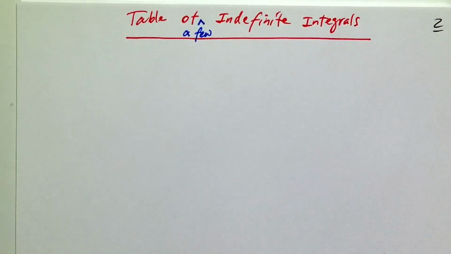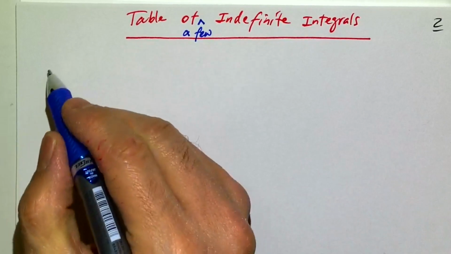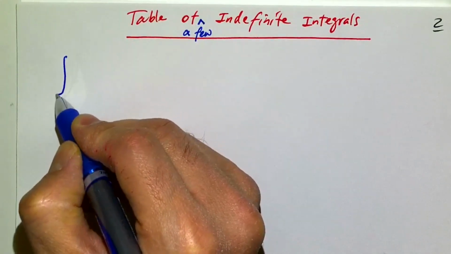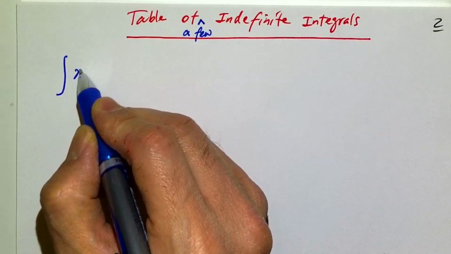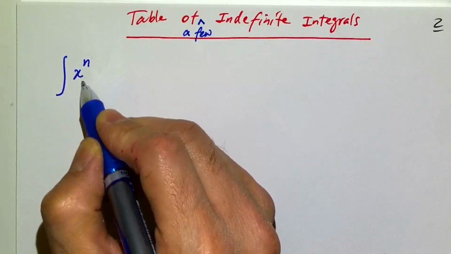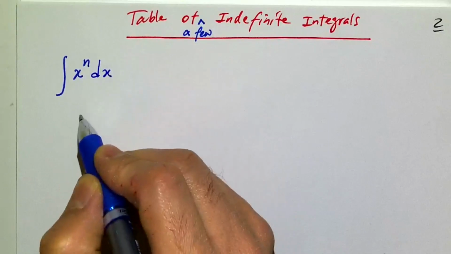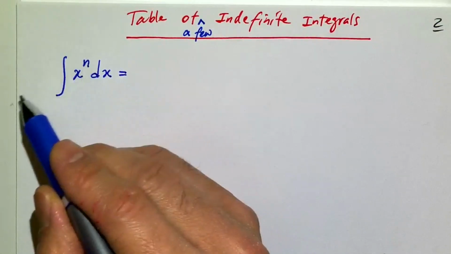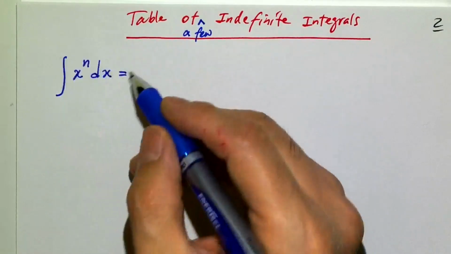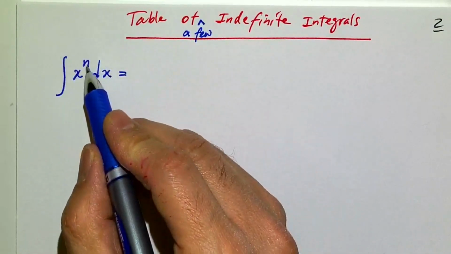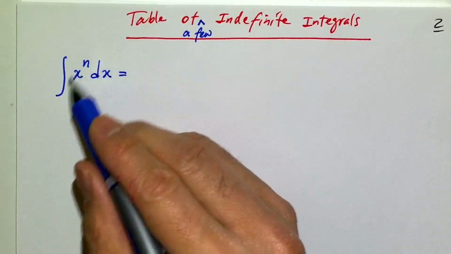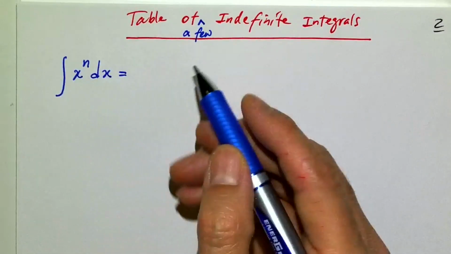So let's begin by introducing the first formula. Suppose we want to take the integral of some variable to some power, dx, then this is easily done. We've done several of these before, but we just listed it here. We add 1 to that power and then divide this whole expression by the new power.